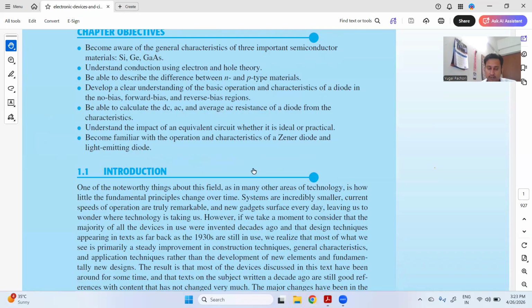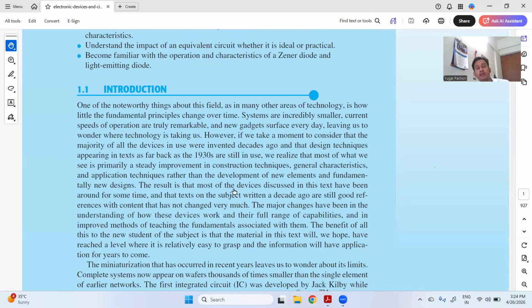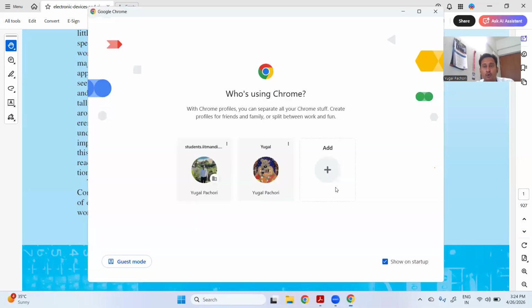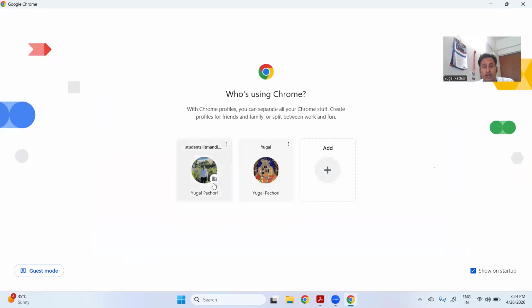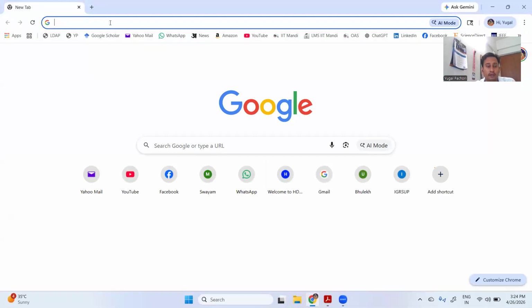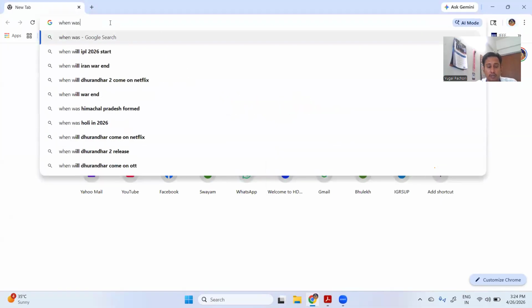See, the discovery of the semiconductor, however, the designs from the 1990s are still in use. A semiconductor is a very old device, and we can search for the exact information over the internet. I'm already sharing the screen, so let me open Google as well.